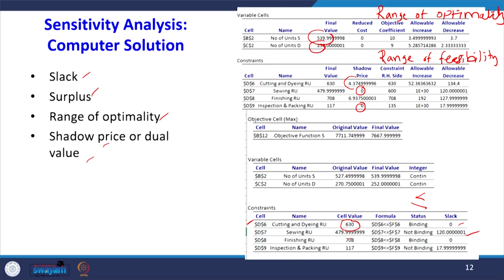Similarly, for the finishing department also we have fully utilized, that is why the slack is 0. For the other constraints, for example, sieving and inspection, we have a positive slack. That means 120 units of resources in the sieving department, I think hours, are not utilized, and here 18 hours are not utilized in the inspection and packaging department.